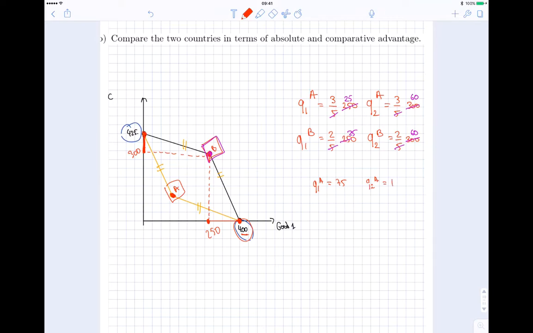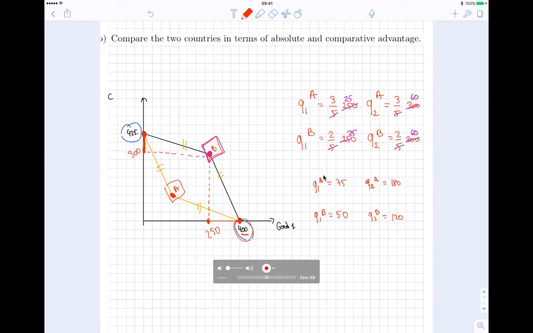Q2A is equal to 180. Q1B is equal to 50. So why is there only 75 and 50? 120. Say it again. Maybe I made a mistake.